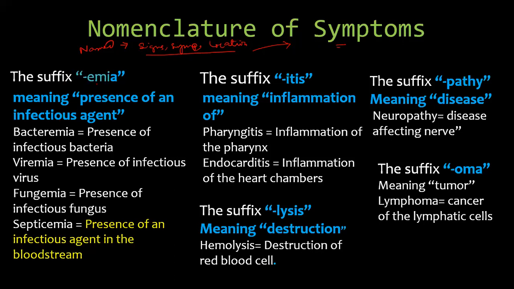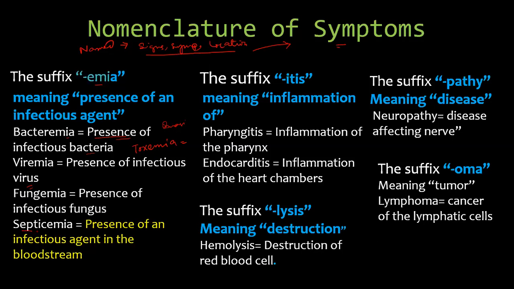The suffix emia means presence of an infectious agent. Viremia means presence of infectious virus inside your body. Bacteremia is presence of bacteria inside your body. Toxemia means you have a special type of toxin, most of the time a bacterial toxin, or any parasitic toxin, present inside your blood.